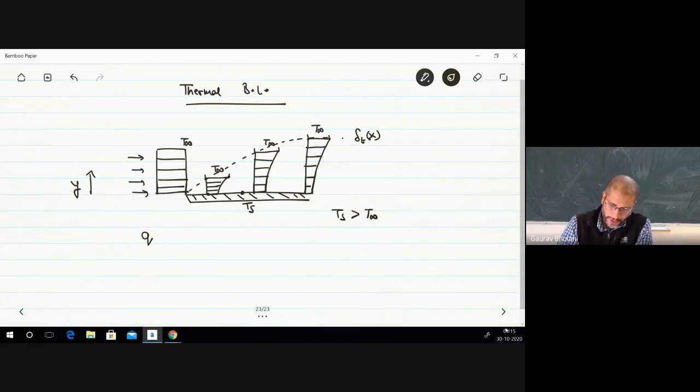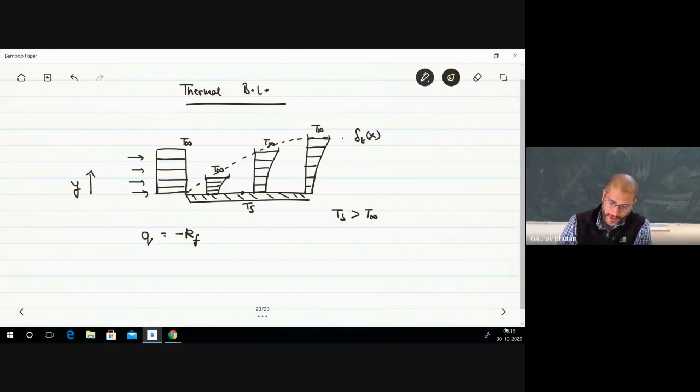So let's see this Q, which is the rate of heat flow from the surface, is written as minus k fluid. We're talking about that first layer of fluid just above the solid surface, and in this first layer we only have conduction happening.